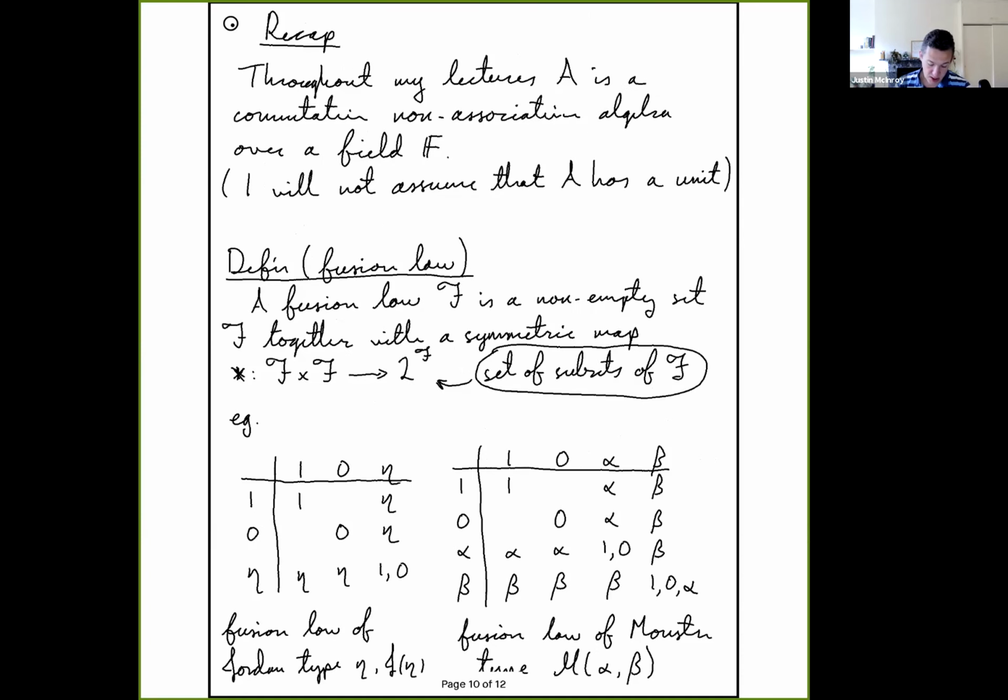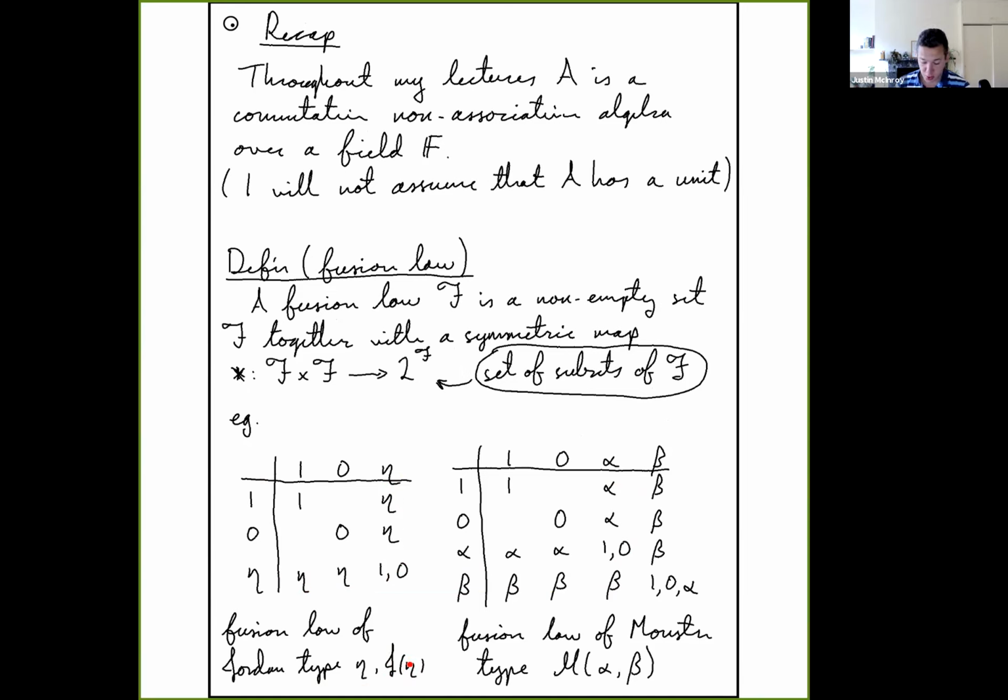We already noticed last time that the Jordan fusion law of Jordan type alpha, say, occurs in the top block here. So suppose I've got an axial algebra of Jordan type alpha.